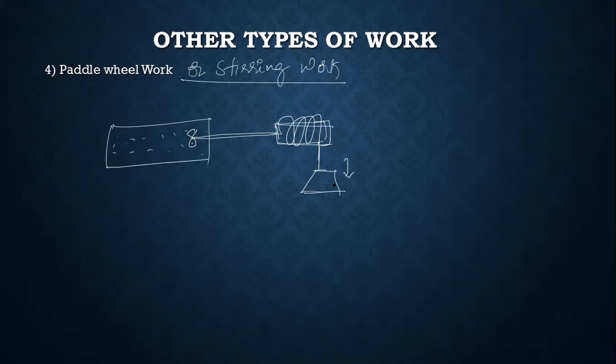Due to the rise and lowering of this dead weight, that stirrer will rotate and the system gets agitated. As the weight is lowered and the paddle wheel turns, work is done on the system. There is a work transfer into the fluid system which gets stirred.